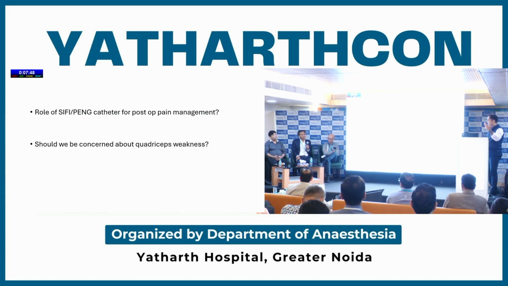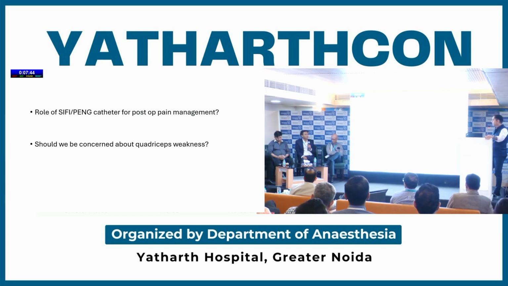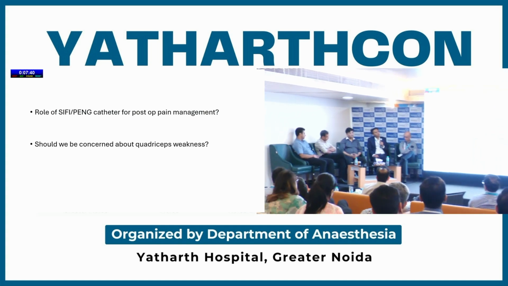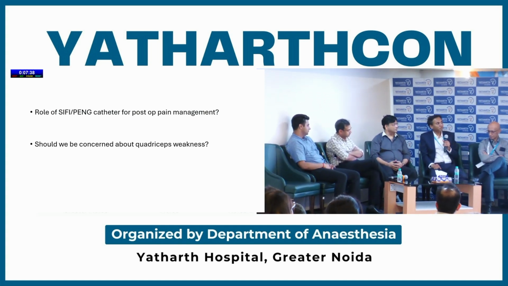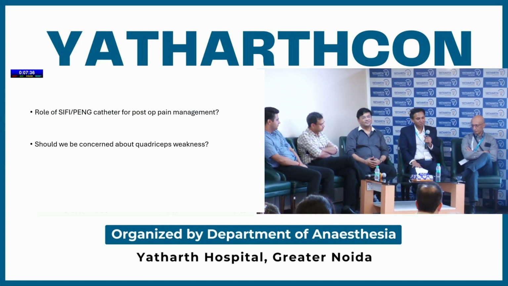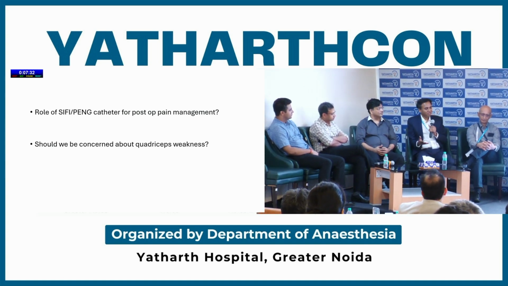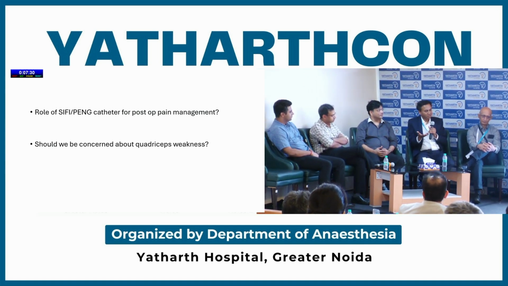Suppose the patient is having a lot of pain in the pre-operative period and you have planned a post-operative catheter. Which approach do you think it should be? Number one, the Americans have far better opioids than we do over here, and that is a different problem they have with it. So our limitations in our country are definitely going to be that, and I'm still sticking with the femoral.